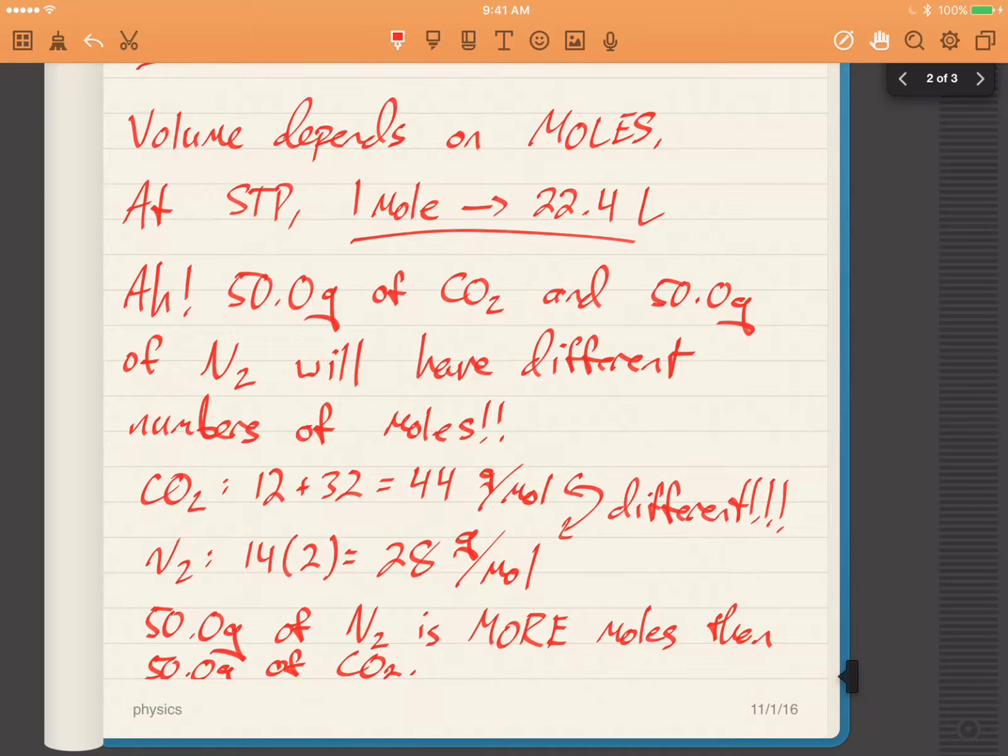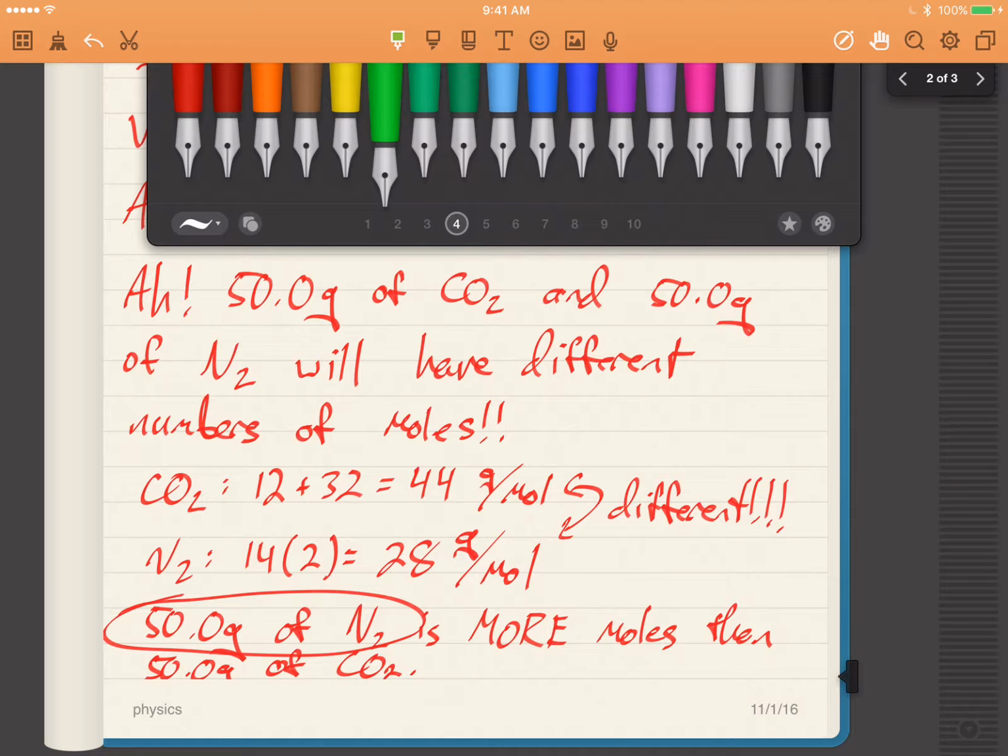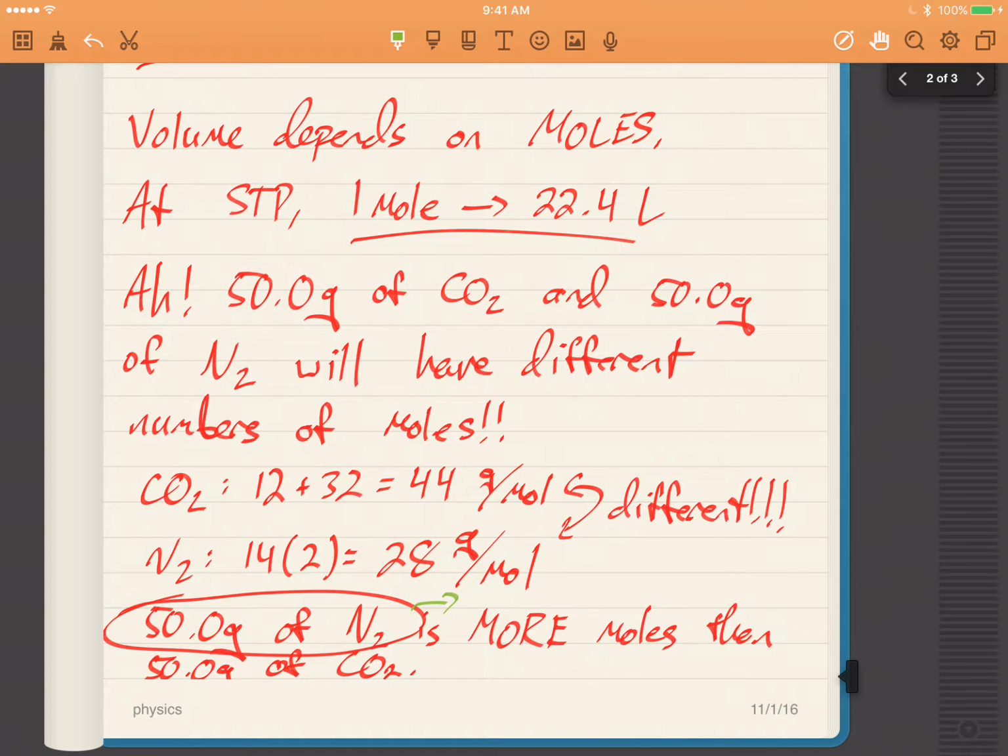So I can't even just tell you that they're going to be different volumes. I can actually tell you that 50 grams of N2 is going to be more volume. I can even get more specific because I have more detailed information.